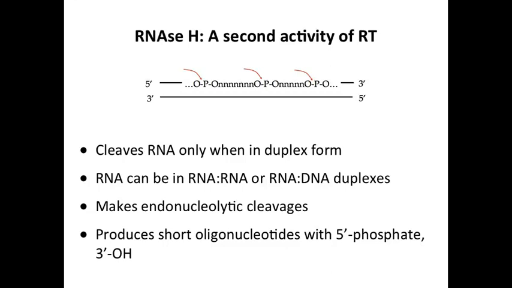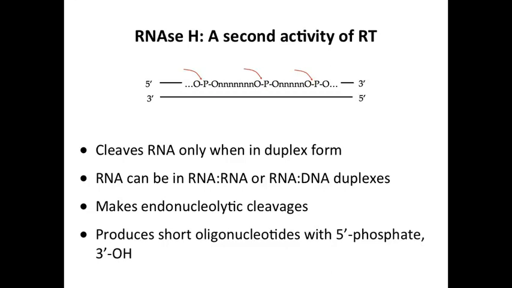So reverse transcriptase has the ability to make a DNA copy of RNA. It's a primer-dependent enzyme. There is a second activity associated with reverse transcriptase that's essential for the retroviral life cycle, and that's RNase H. And this is an enzyme that cleaves RNA, so you can tell by the name, right?